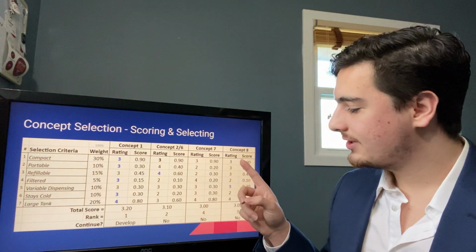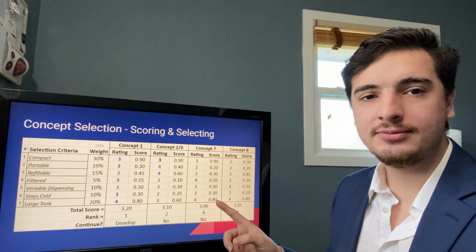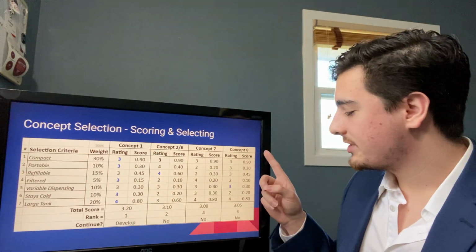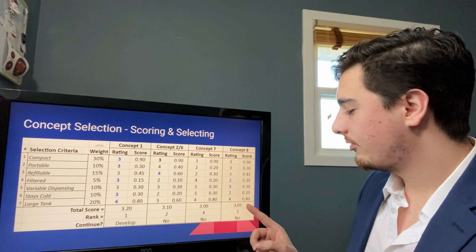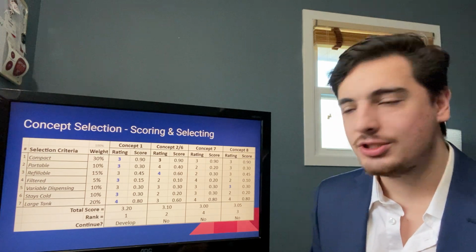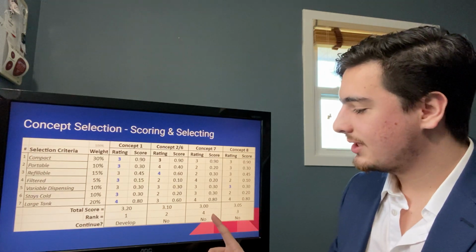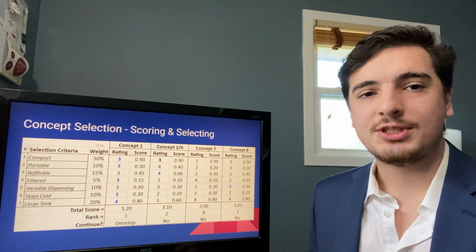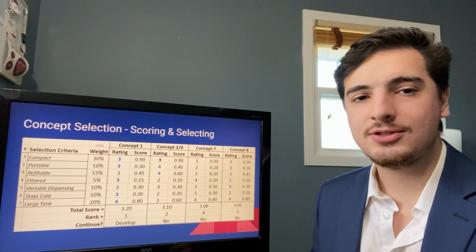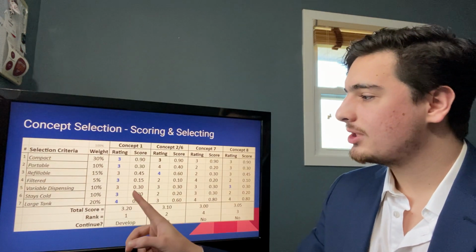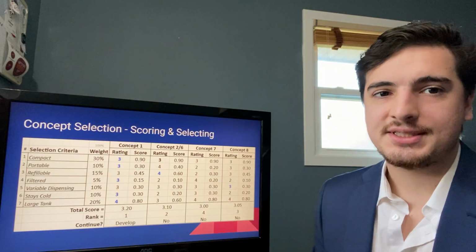For concept 7, it got a score of 3. And for concept 8, it got a score of 3.05. So this ended up being in 3rd place, and concept 7 ended up being in 4th place. So we decided to continue developing concept 1 and scrap the rest.